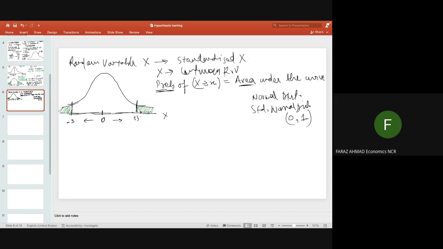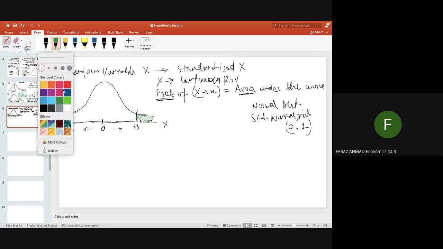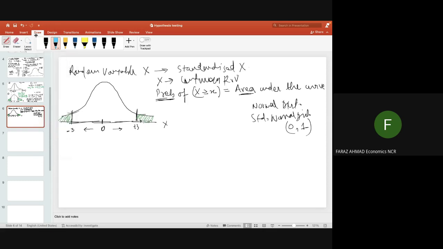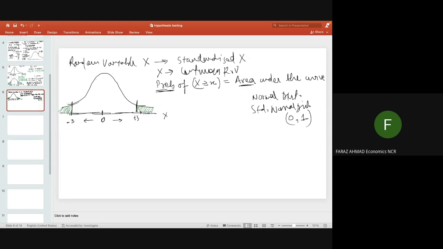Area is a measure of probability. So when I'm referring to the green area, it refers to some probability. And the red area, let me color it. So there is a blue area. It refers to some probability.